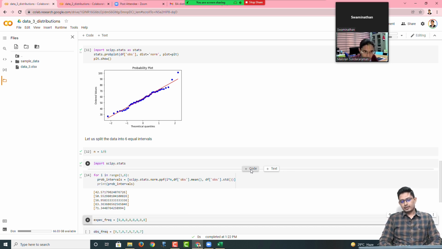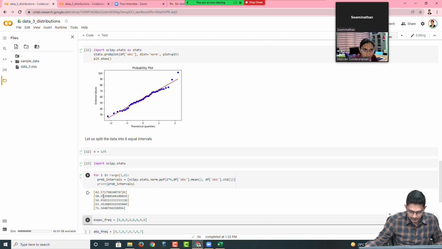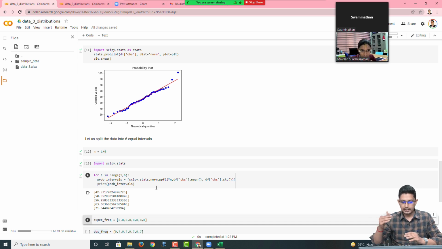So right now we have around 5 values. Which means that we can split the data, say below 42 in one bucket, 42 to 50.55 in the second bucket, 50.55 to 56.95 in the third bucket, 56.95 to 63.36 in the next bucket, and 63.36 to 71.34 in the last, or 6th, bucket, right?